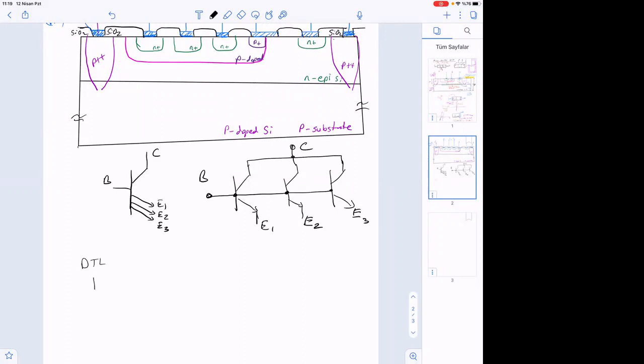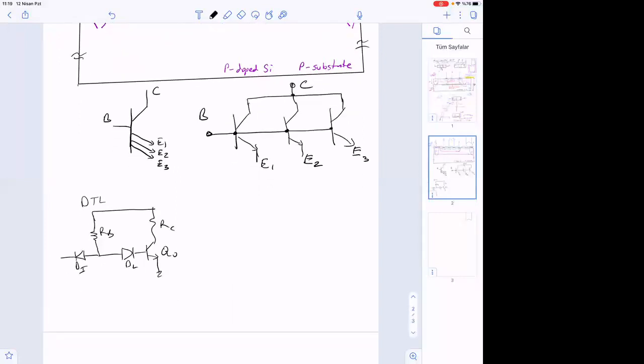In DTL, in order to make a NAND gate, did we do a NAND gate in DTL? I don't remember that. This was the DTL, remember? RB, RC, and Q0, D1.